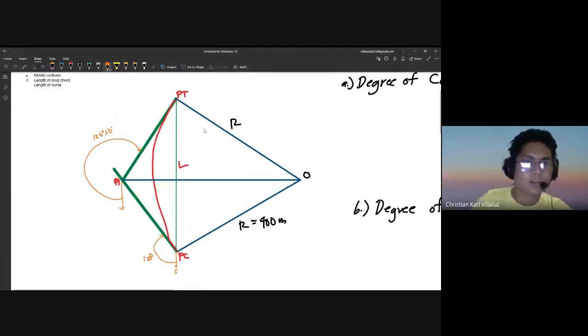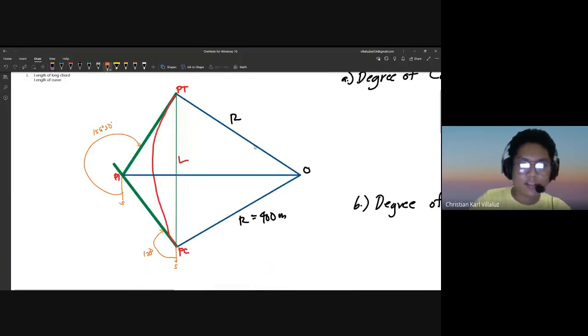So, the radius is given, which is 400 meters.